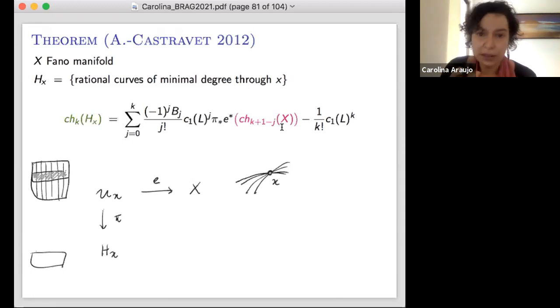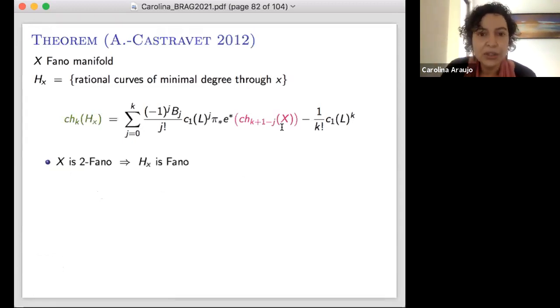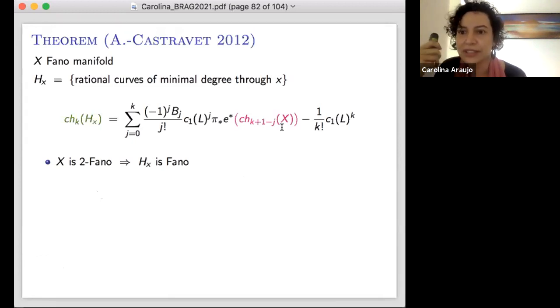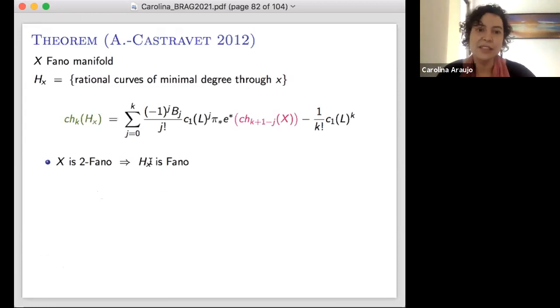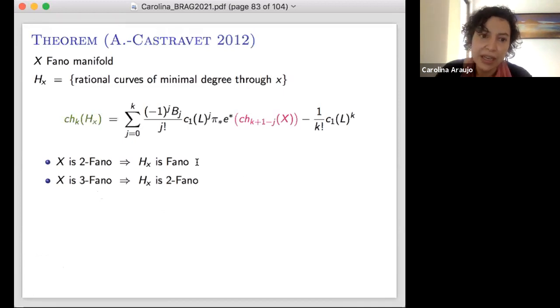And with this formula, we can unveil a recursive structure on higher Fano manifolds. If X is 2-Fano, you can use this formula to prove that H_X is itself Fano. And if X is 3-Fano, again, you can use this to prove that H_X is 2-Fano.